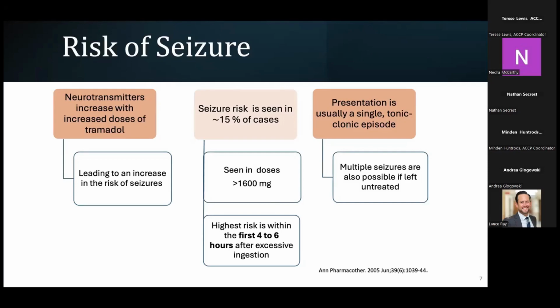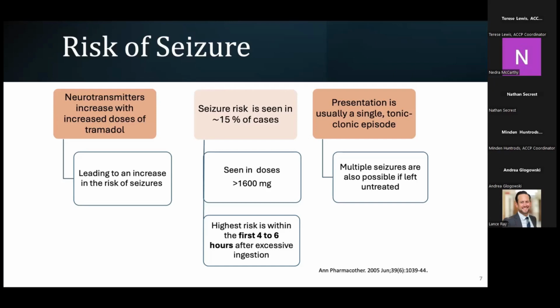But I must pause here to say that even though seizure risk correlates with increasing dosing, seizures have also been seen at doses as little as about 50 milligrams when taken with serotonergic medications such as fluoxetine and TCAs. This can increase the risk of seizures when taken concomitantly with tramadol.